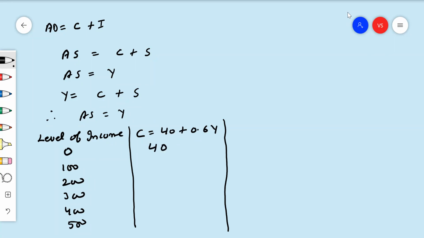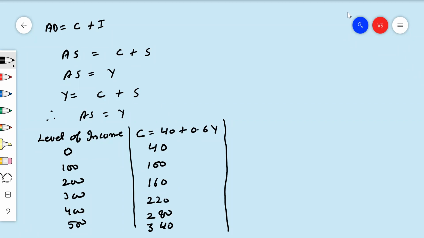Now 0.6 we multiply with 100, so it will be 60, plus 40 is 100. Now the gap of 60 continues: 160, 220, 280, and 340. This is consumption. Now in the last class I assumed, but here that is not to be assumed.